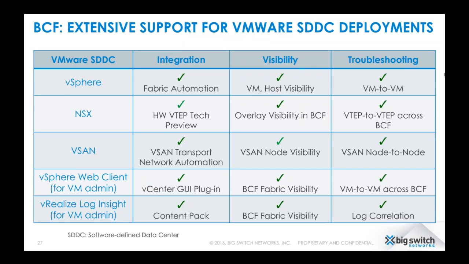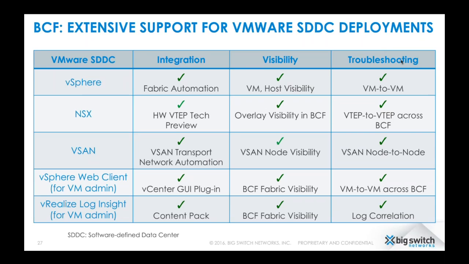Now, one thing that I wanted to mention is the entire BigCloud Fabric support for all of the VMware products. So if you look here, you will see that for vSphere, for NSX, for vSAN, and also for vSphere Web Client and the vRealize Log Insight side, we provide a lot of capabilities. We have direct integration with each of those products. Right? And most recently for the NSX, for example, we announced the hardware VTAP tech preview at VMworld.